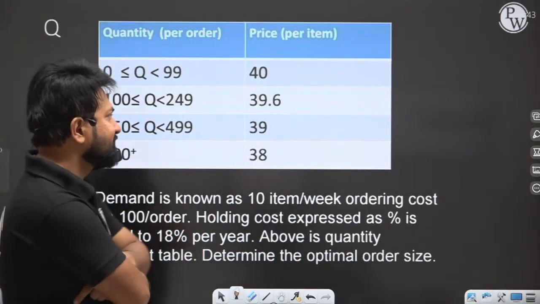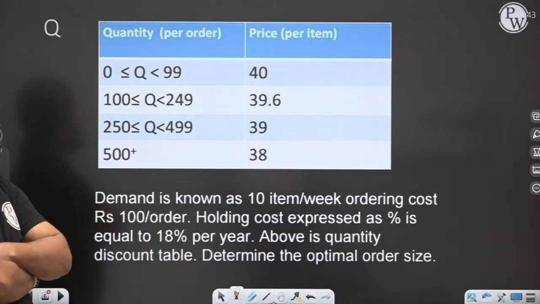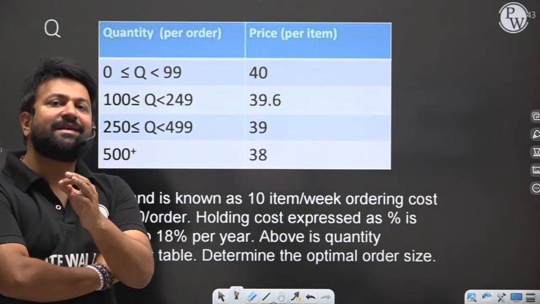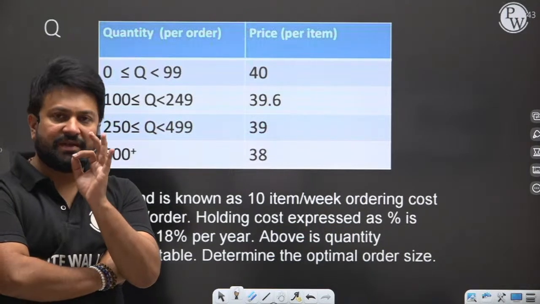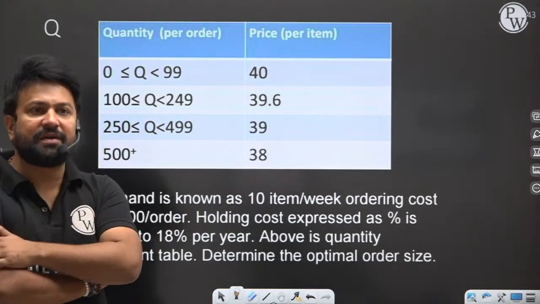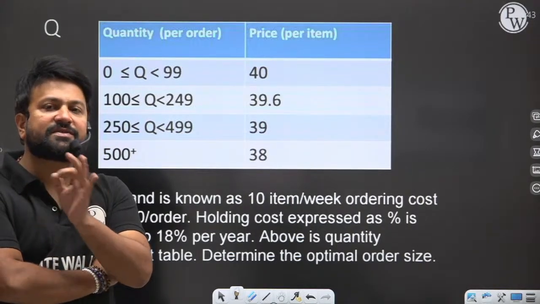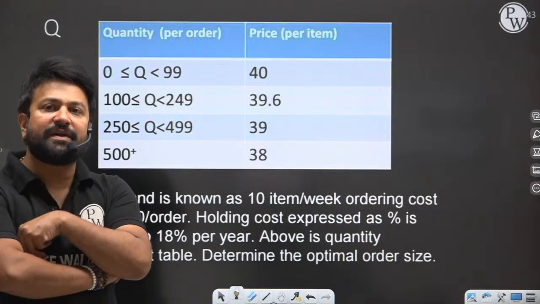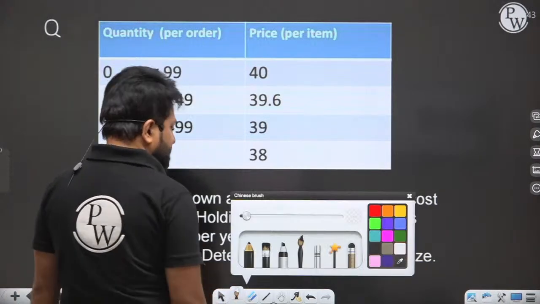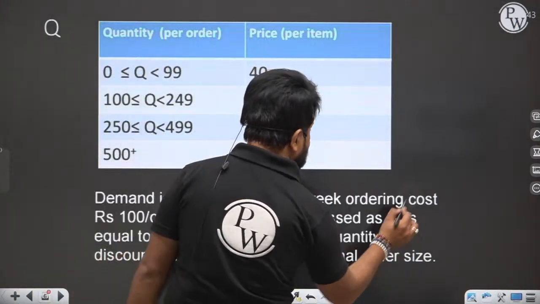Now let me solve. My dear, the basic idea is what I told you: this model is the economic order quantity with discount model. Along with the discount model, we also see the economic order quantity. Am I right or wrong?